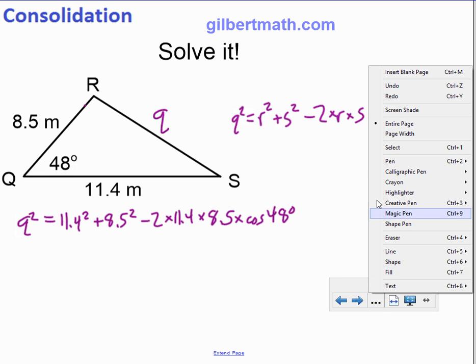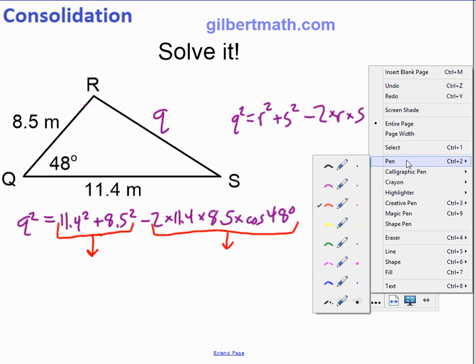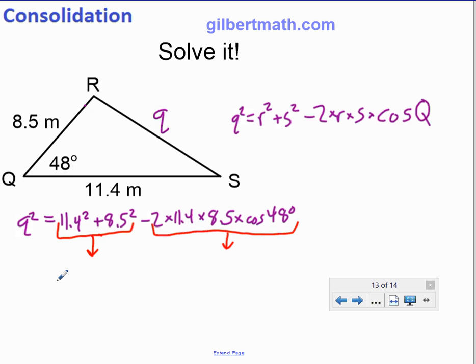If you remember what we were doing in class the other day, we're going to do these two together, and then do all of this together: 2 times 11.4 times 8.5 times cos 48. After we've reduced those, we will subtract this from it. I'm going to pause the video and use my calculator, and when I come back I will have the numbers filled in for you.